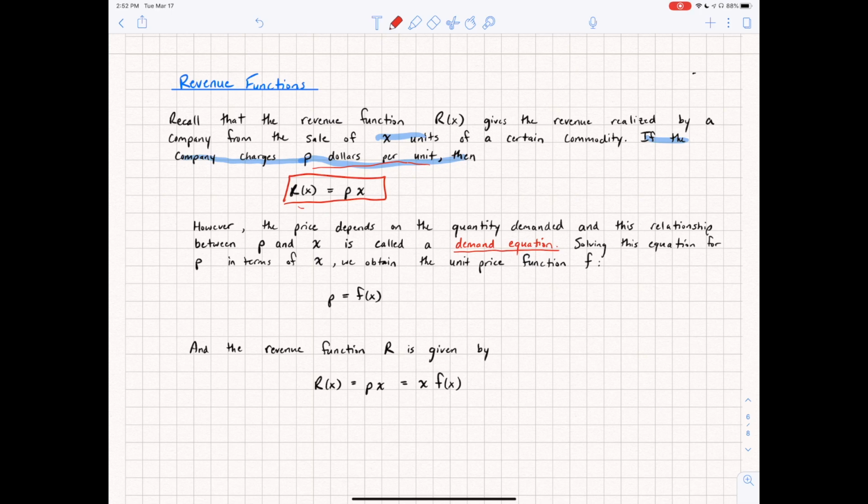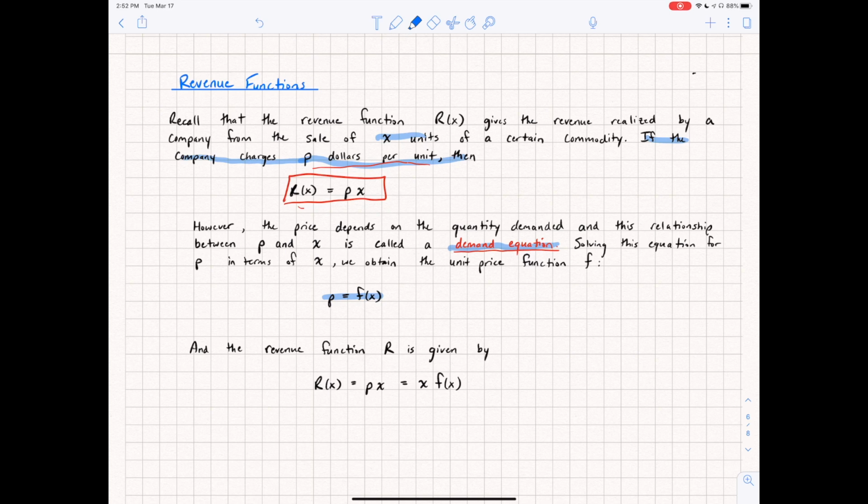And so we base essentially P and X off of what's called the demand equation, which we have looked at beforehand. In solving this for P, we get a function where P is going to be equal to some function F. It's just going to involve X's. You'll see this in the next example.